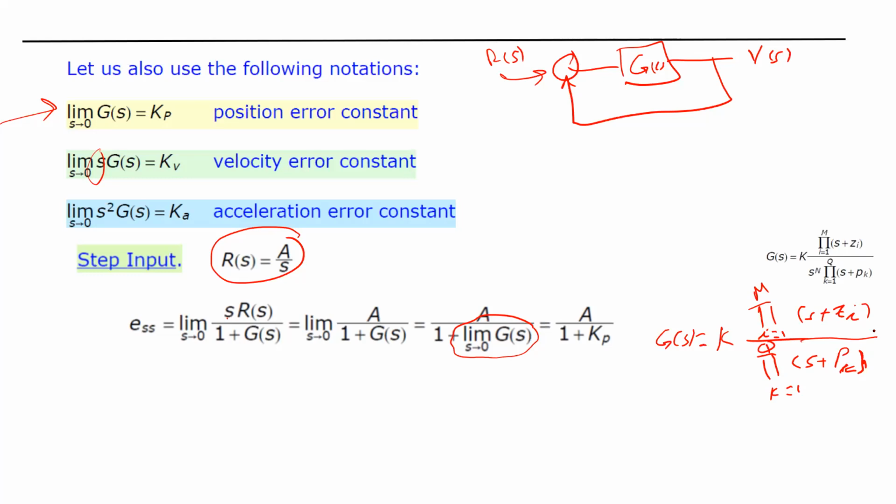If this is G of S, what will be Kp? Remember, Kp equals the limit as S goes to 0 of G of S. So Kp will be equal to what? It will be the product of the zeros over the product of the poles, times K. Exactly. So it will be a constant.